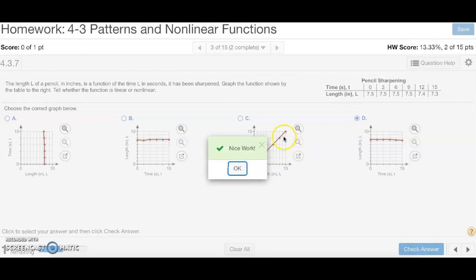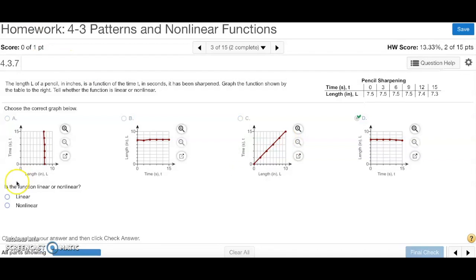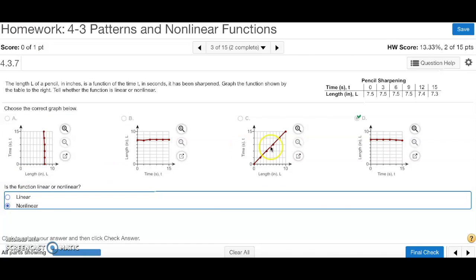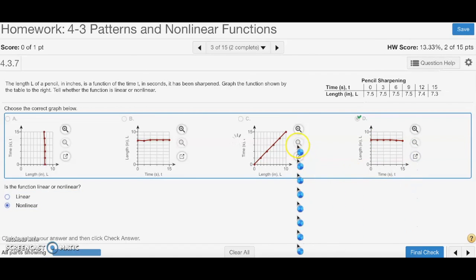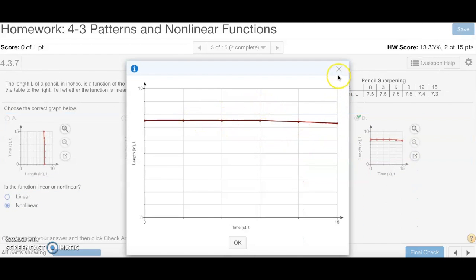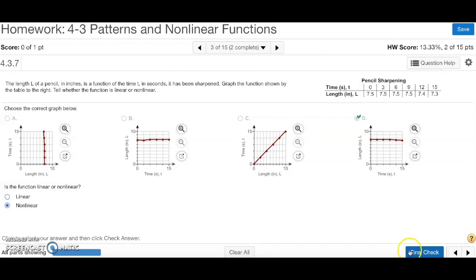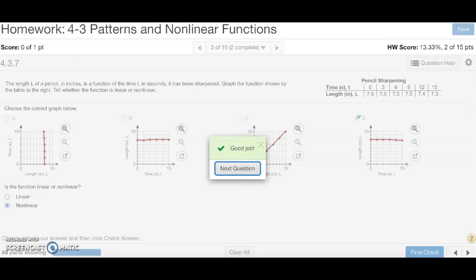So D is the graph. So we know it is not linear because the entire graph isn't changing at a constant rate. This is not a line. We see it starts to go and then curves down. So it's nonlinear. And that's number 3.